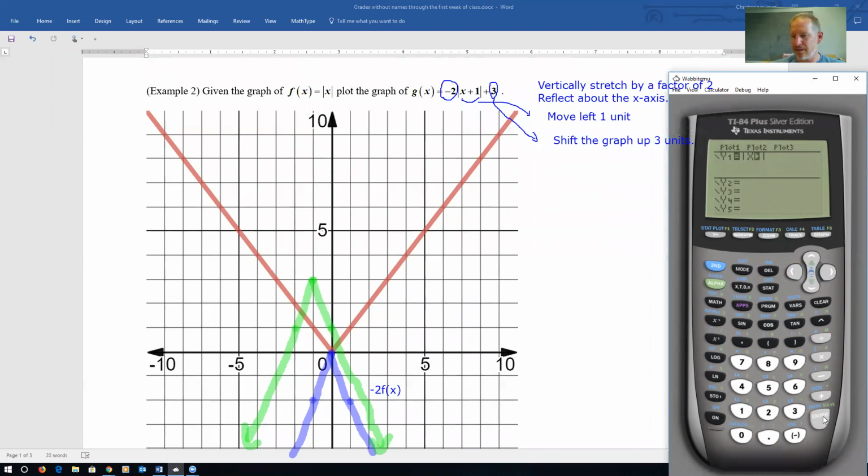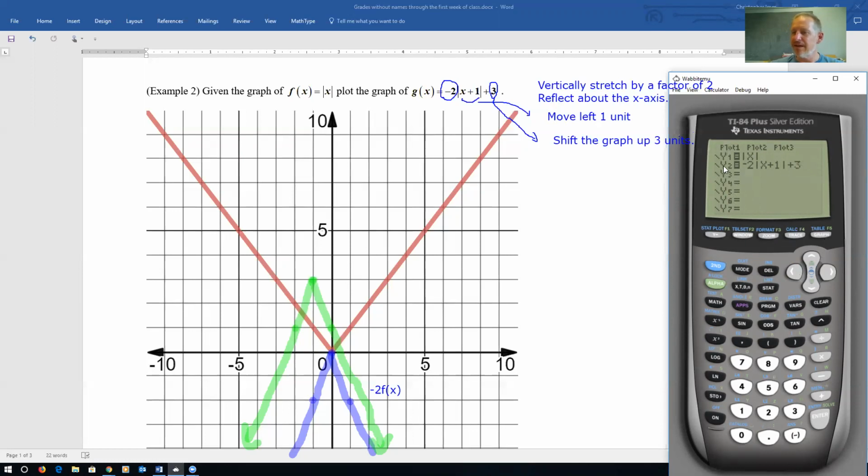Then I should be able to compare it with the new graphs, -2, math, absolute value of x plus 1, should shift it left 1. And then let me try to bring it back up here and do the +3, which should shift it up 3. So this is a good check. You can use your calculator to check this out.